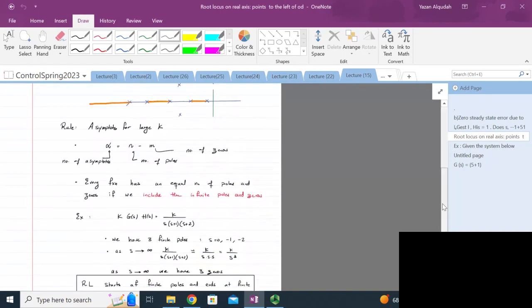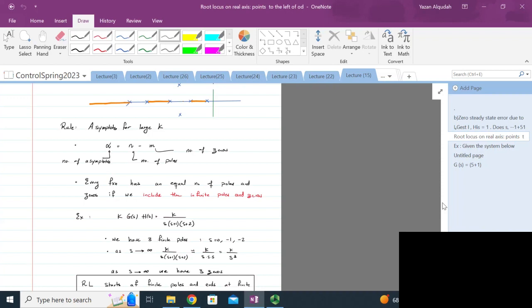And the second rule, or another rule, we say we're going to have a number of asymptotes that is equal to the number of poles minus the number of zeros. What does that mean? How many infinite zeros we're going to have that our root locus is going to end at is going to equal the difference between them.